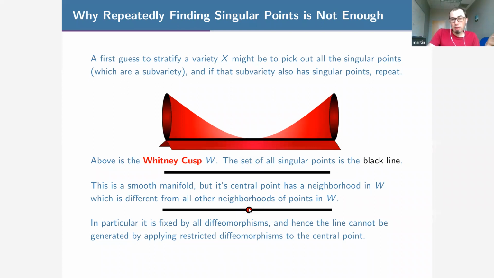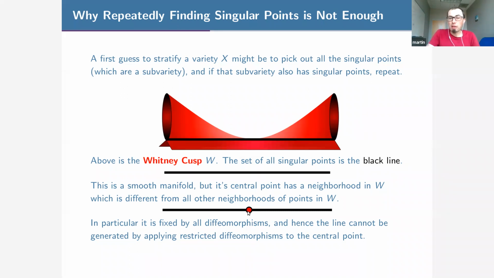it turns out that a neighborhood of that point is sort of different from neighborhoods of any other point on this black line. And in particular, if you actually act with our diffeomorphism group on this central red point, all of the diffeomorphisms will fix that point, right?